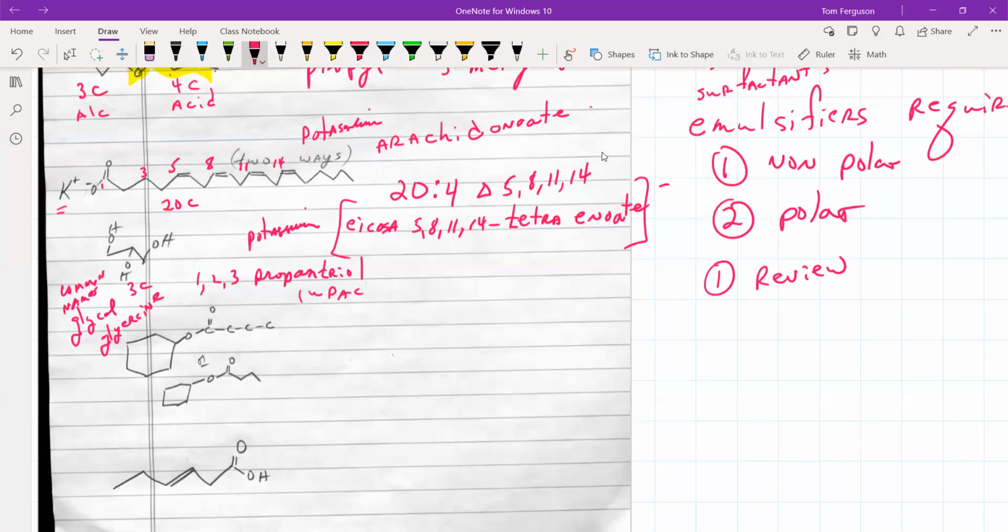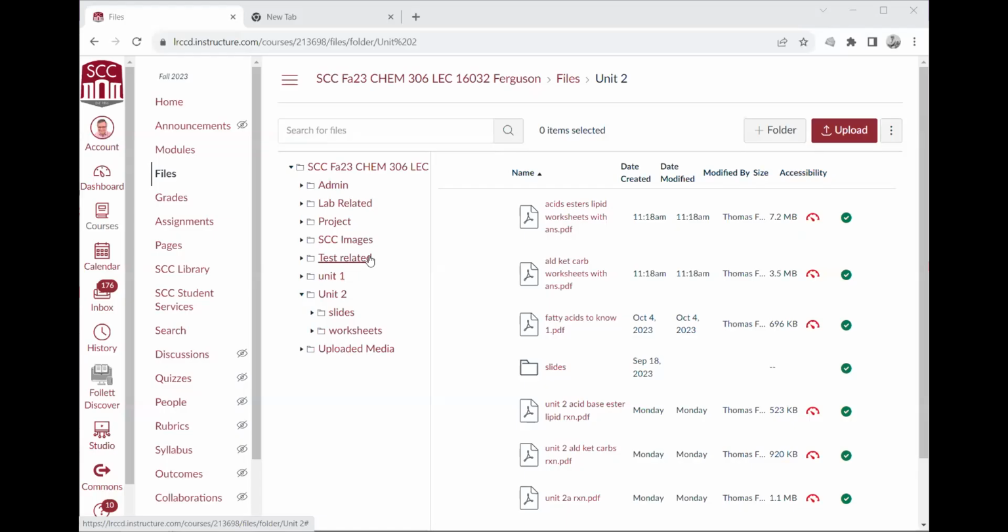Okay, so review the posters. And let me show you where those are located. If you go to files, test related.